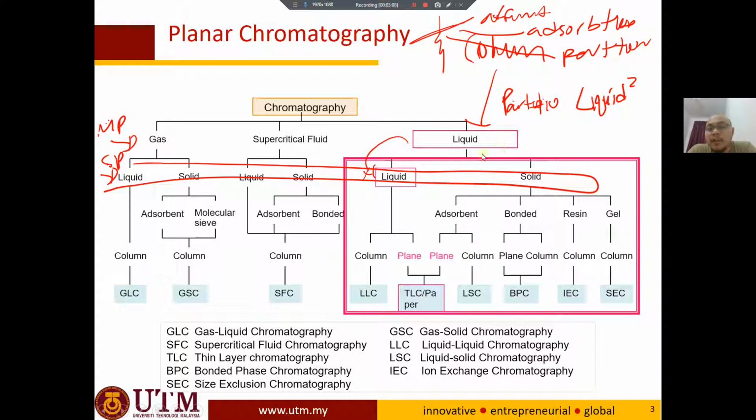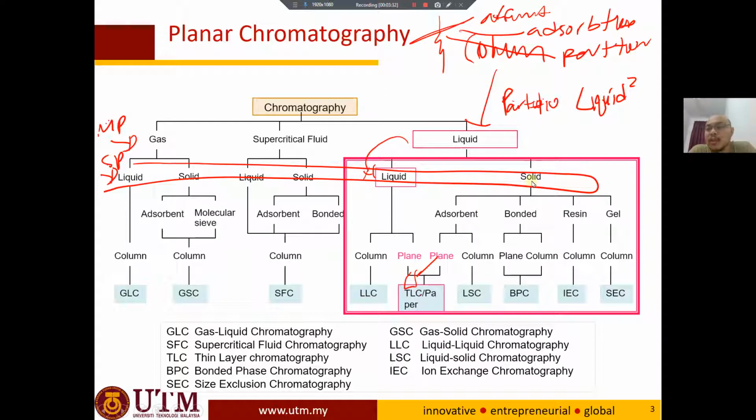For planar chromatography, where we have the solid stationary phase, we deal with TLC, and usually it is the solid.